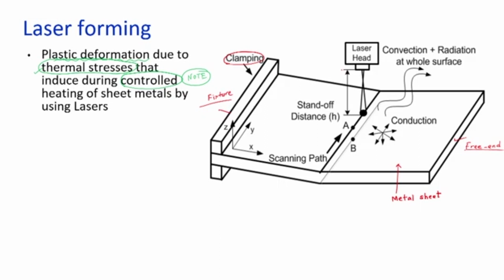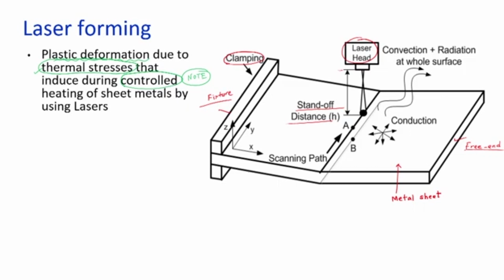There has to be a certain safe distance between the laser head and the point of application, that is the top surface of the metal sheet, and this is called the standoff distance. Then we can either move the work part with respect to the laser head, or we can move the laser head with respect to the work part. Either way it is possible.